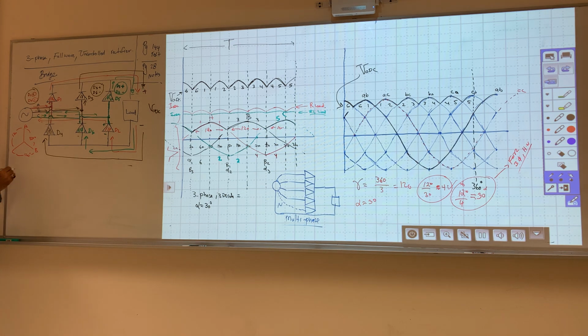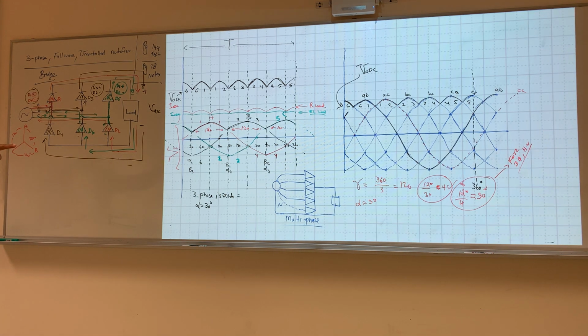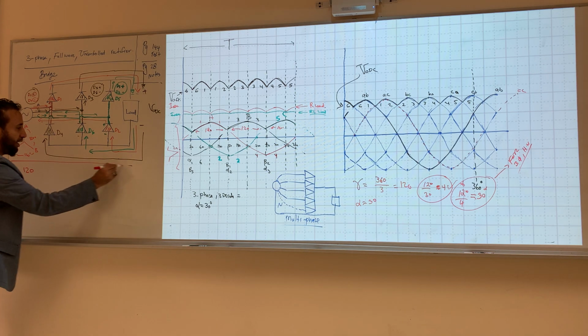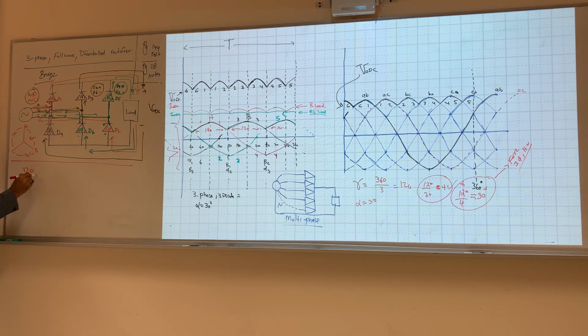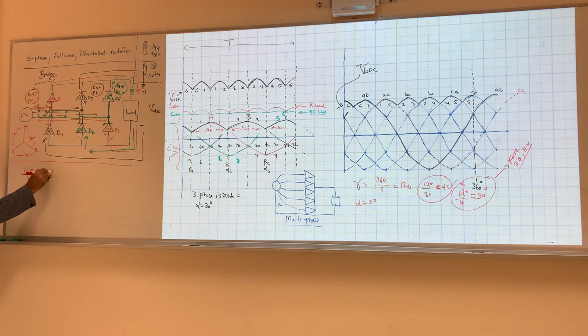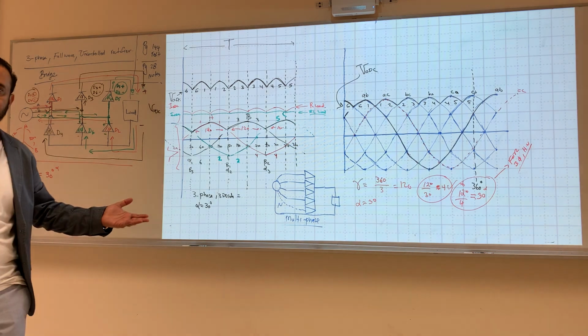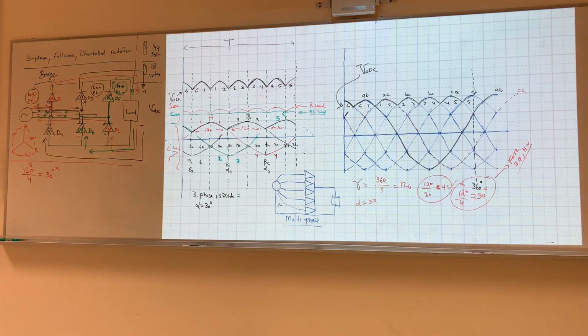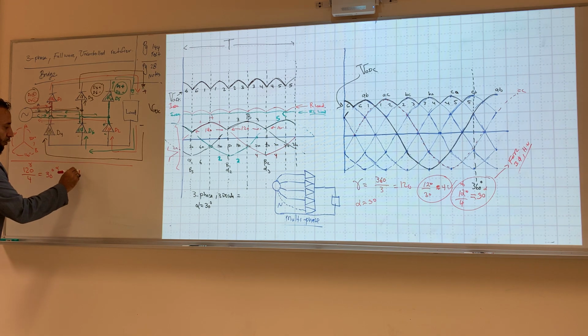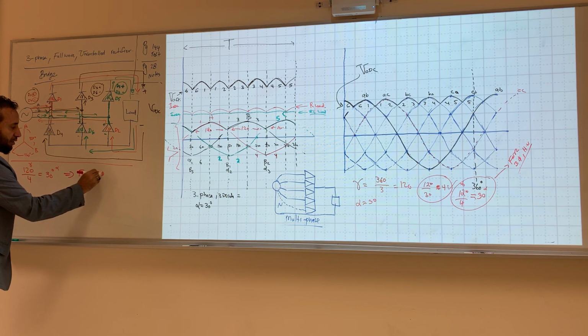I know that 120 divided by 4 equals 30 degrees. So this is my conduction angle, and this is my alpha. Let's say that this is unknown for a different phase. This one here is for 3-phase half wave.